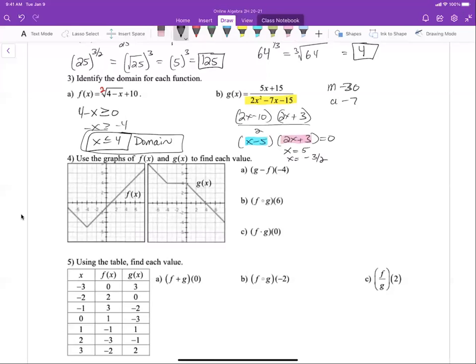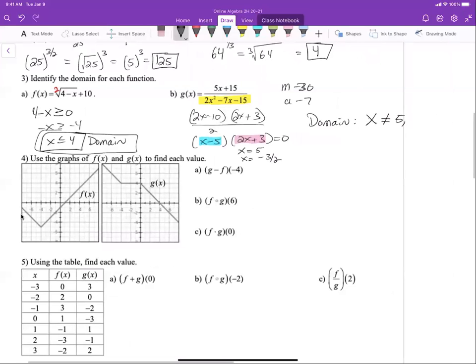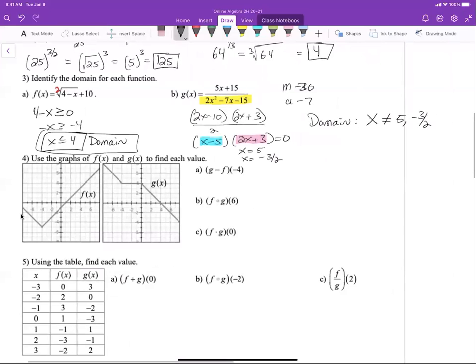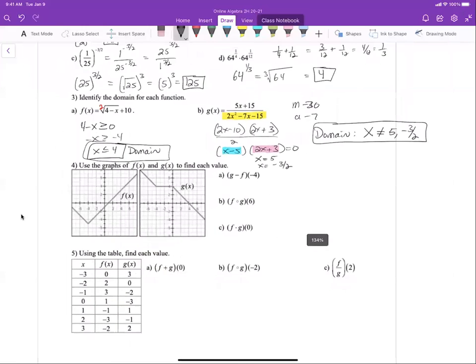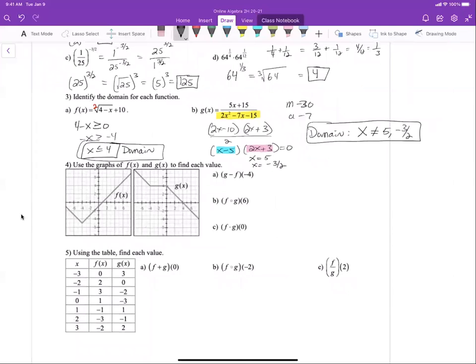So we now know that our domain is essentially all real values of x except for 5 and negative 3/2, because if they were those values, then I would be dividing by 0, and that would not be allowed. The function is not defined.